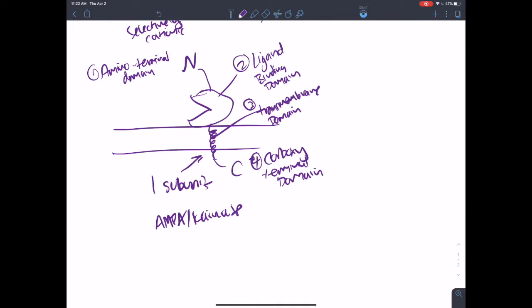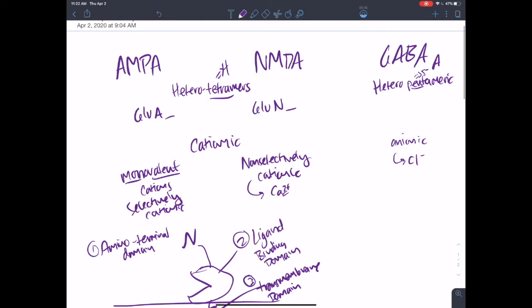The names of these, so AMPA receptors, kainate receptors, and NMDA receptors, those are actually based on what are called agonists. An agonist is something that opens the receptor. So before they ever understood what the AMPA receptor opened in response to in the nervous system, they knew that it opened in response to AMPA.